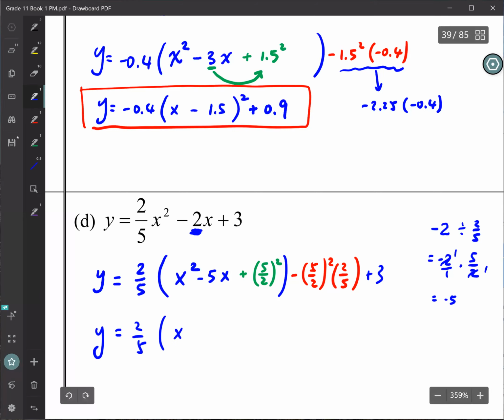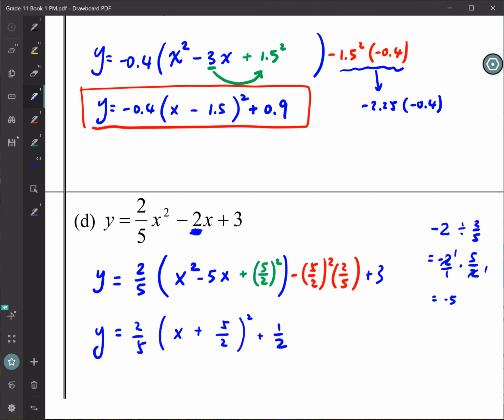X plus 2 and 1/2. Okay, so just write 5/2, and then square, in bracket square. And plus 1/2 outside. Okay. All right.